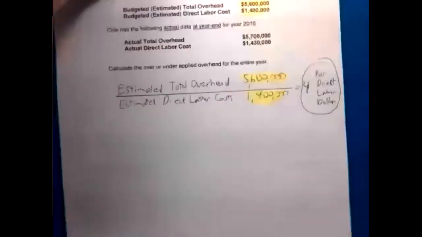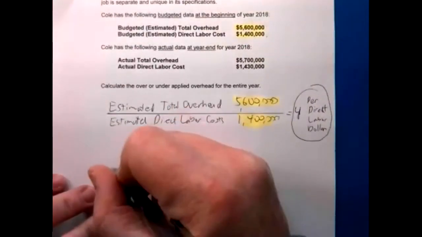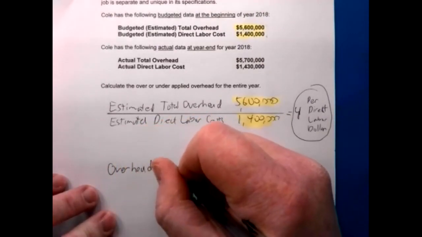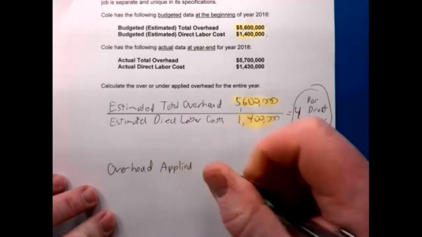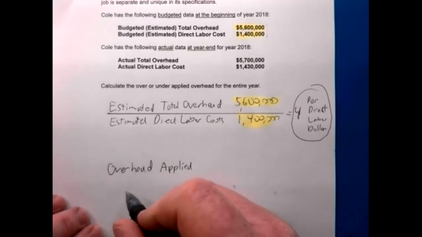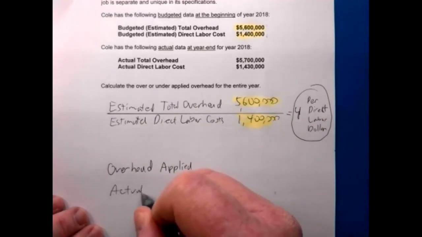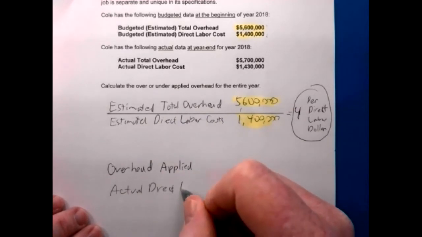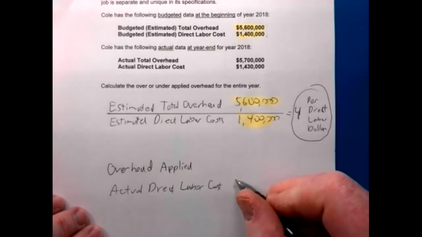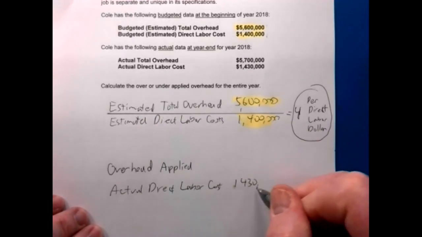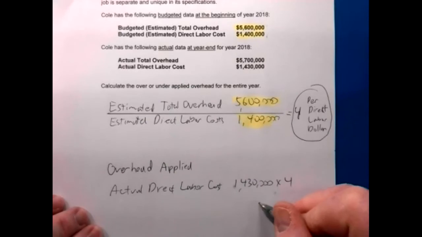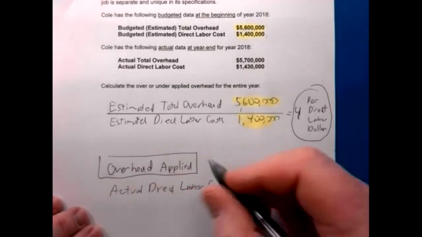So the overhead would be applied, and so this is based on the estimate.